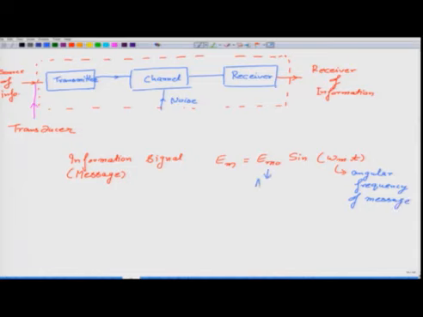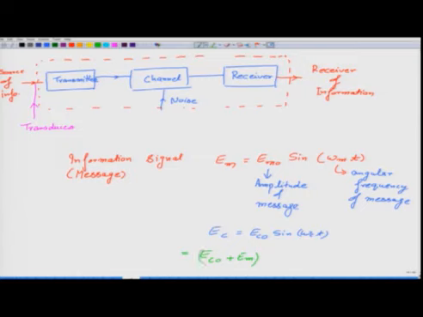This is the amplitude part. And if the electric field of the carrier was given by Ec0 sine of omega ct, then we have seen that the amplitude modulated wave will look like (Ec0 plus Em sine of omega mt) sine of omega ct.